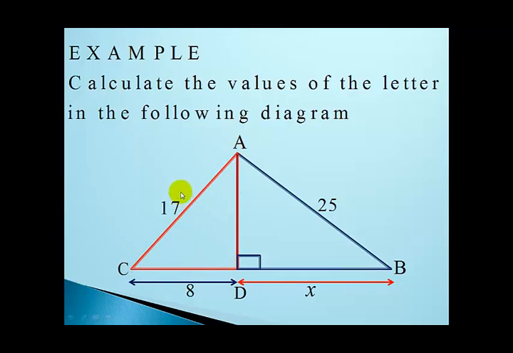And so the square of the longest side is equal to the squares of the other two sides. We can use triangle ADC to calculate the length AD. Then after getting our length AD, we combine the answer with the 25 given in order to calculate x. Now let's look at how best we can solve this problem.